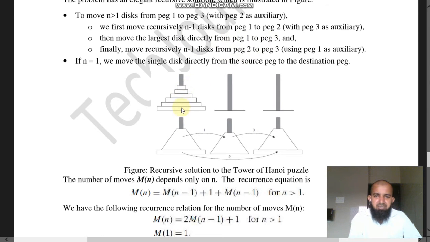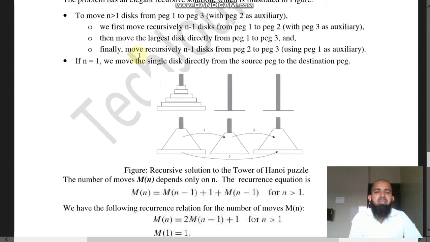Assume here 6 disks are there. You move 5 disks to the auxiliary peg, then you move that largest disk to the third peg.